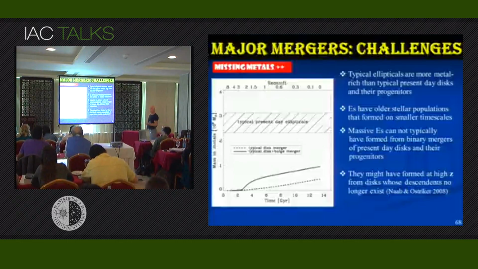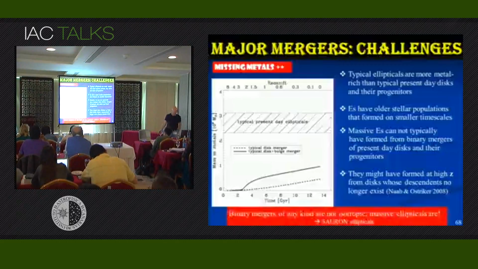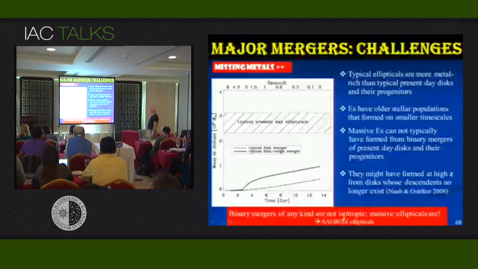Here is the mass in metals: typical disk merger, without bulge, with bulge, and these are the typical present-day ellipticals. So you see, there is a problem. There are ways out, and maybe the universe is more complex than we think, but that also makes it less beautiful, maybe, for us.